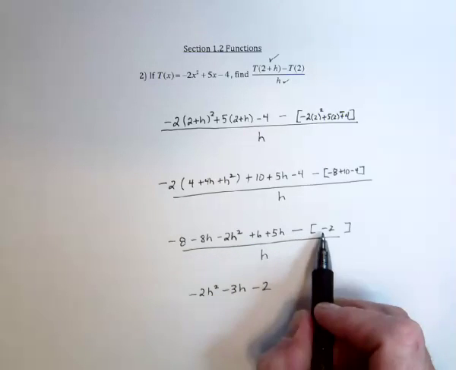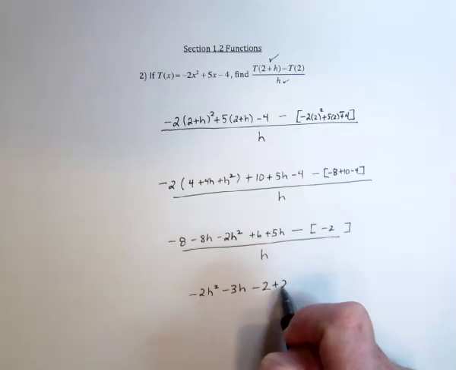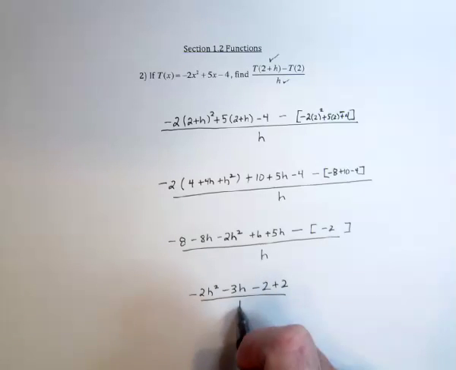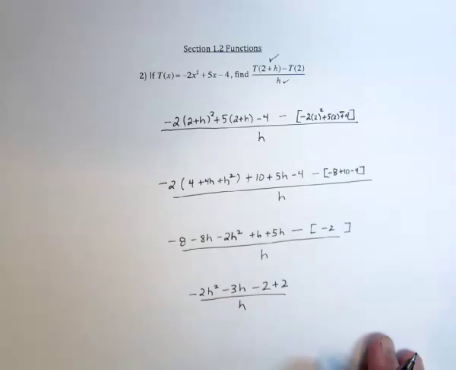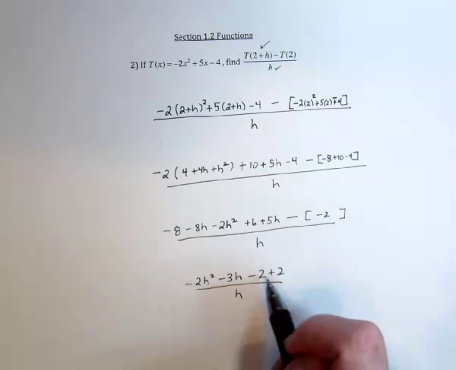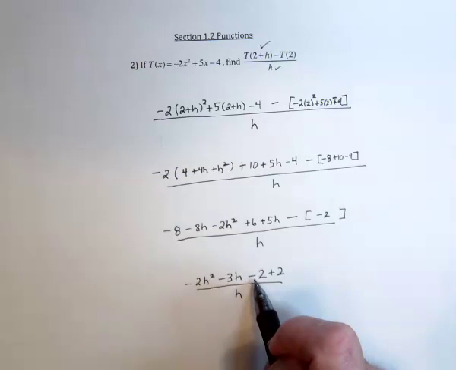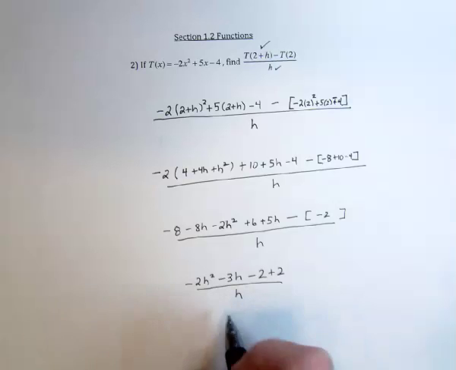And finally over here, these two negatives create a positive 2. We've got a couple more steps, and that is these 2's are going to cancel. So there's negative 2h squared minus 3h divided by h.